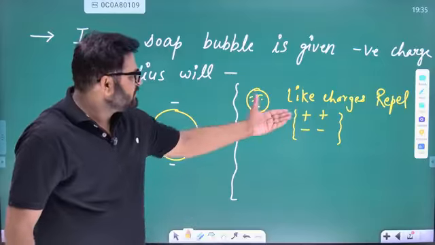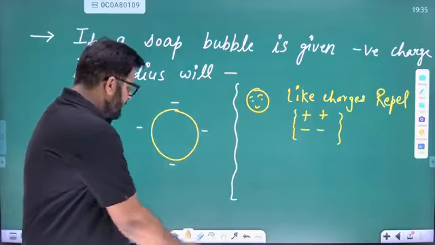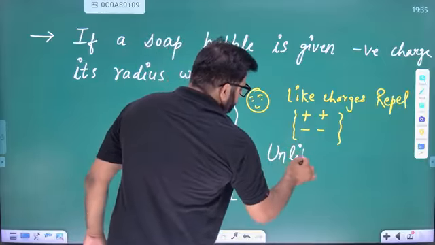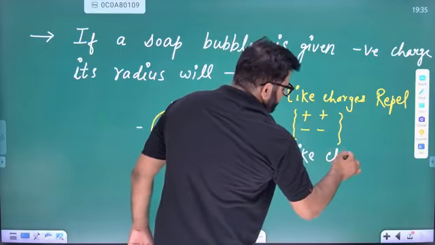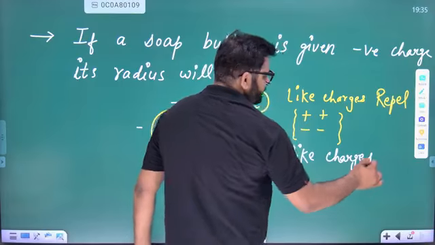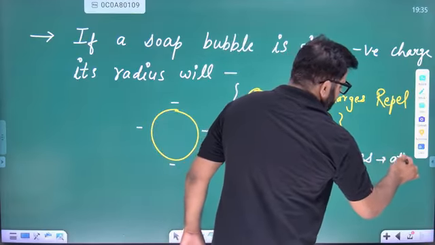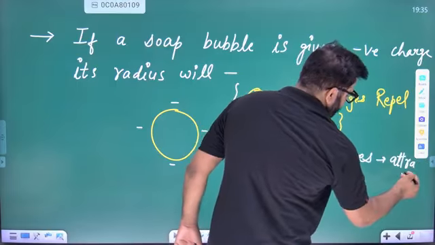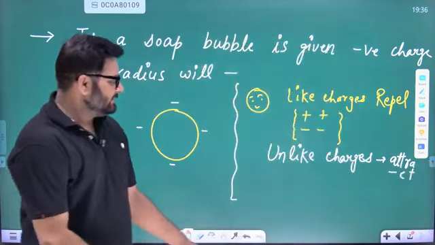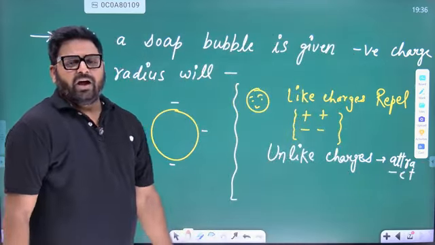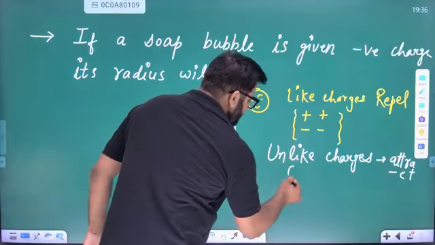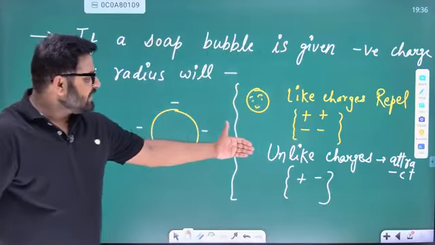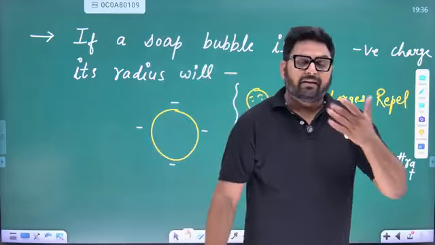Similar charges have repulsion. And unlike charges attract. What we mean with unlike charges? One is positive, the other one is negative. So dissimilar charges have attraction and similar charges have repulsion.